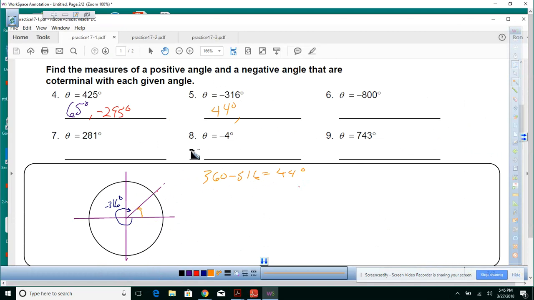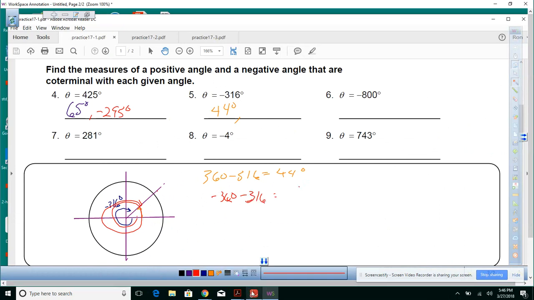44 degrees. Now, what about going the other way? Well, we're going to have to go all the way around, okay? And then back around here. So let's see. We started here, and we went all the way around. So that's going to be negative 360 degrees. And once we were here, then we went back up like that. So it's going to be minus 316 degrees.